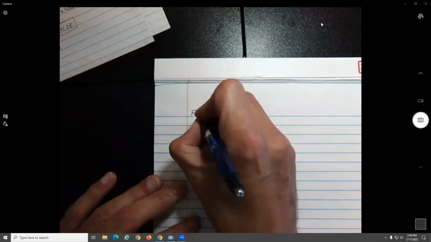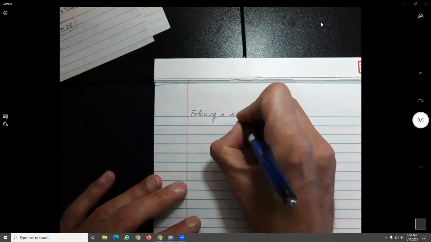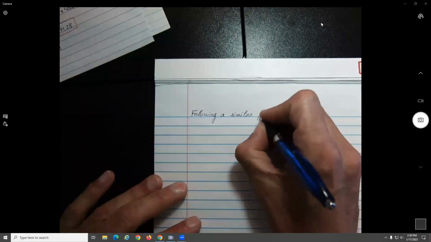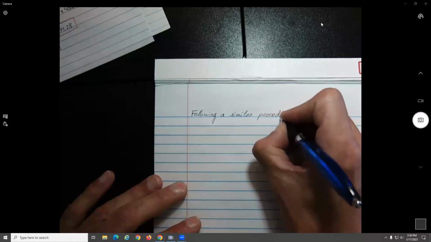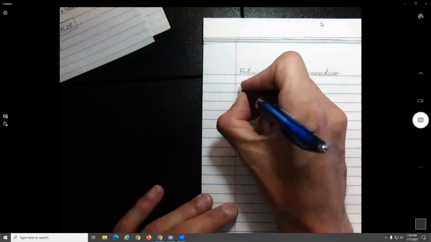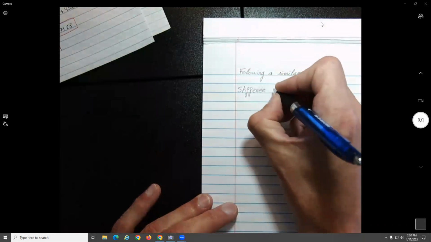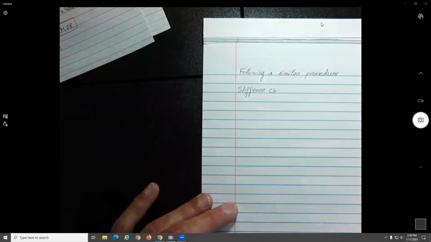I'm just gonna say, following a similar procedure, you would get, for example, that stiffener CG will have the following distribution.